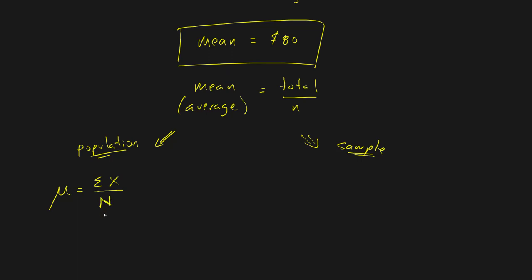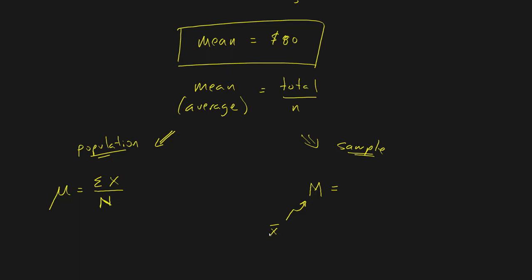So if you had a population of, let's say, 100, then you would need to have the sum of all 100 values in your population. If you had a population size of 5, then you would only need to have a total of your 5 observations, or your five values in the population on the top. The sample is the same basic structure of a formula, but now instead of using mu, we use capital M. They explain in your textbook that most textbooks use X bar.